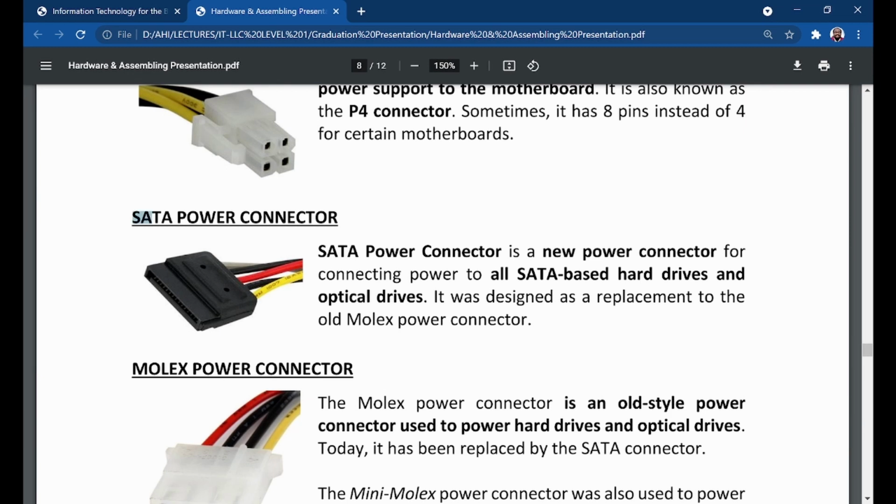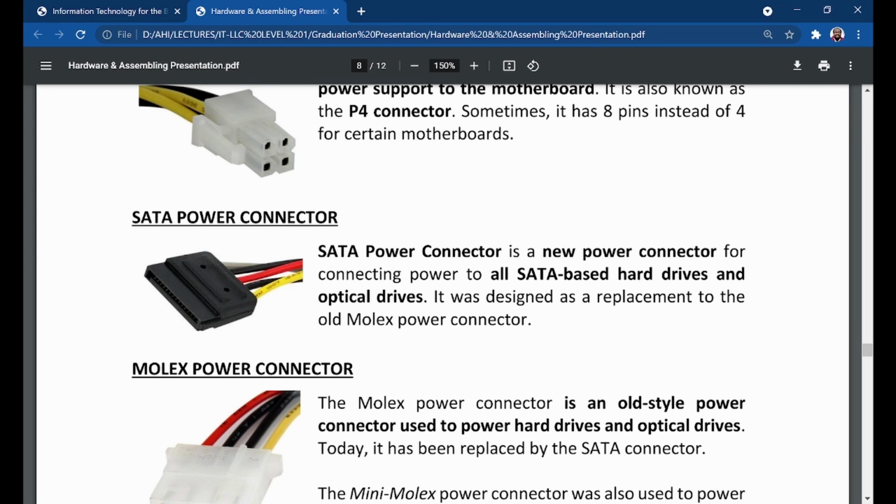What do you see here? It is called the SATA, serial ATA. Sometimes we'll call it serial ATA or serial advanced technology attachment.